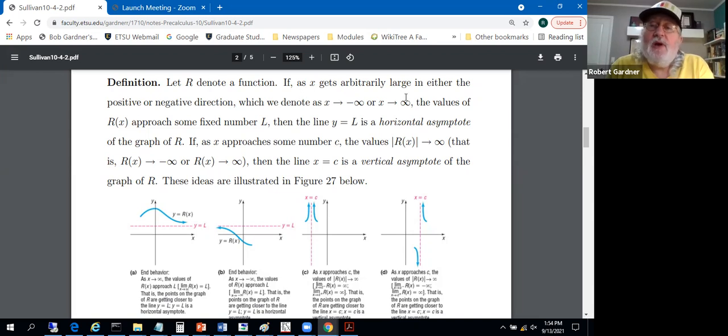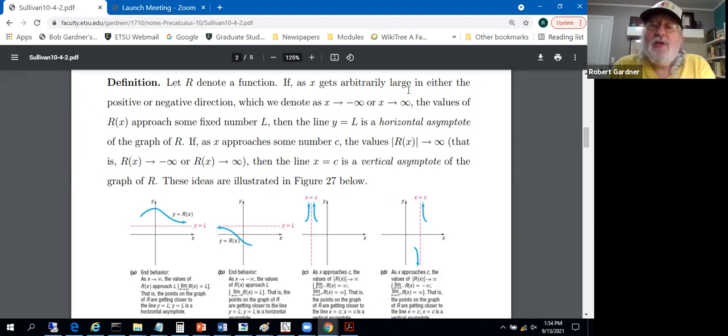As x gets arbitrarily large in either the positive or negative direction, which we denote as x approaches negative infinity or x approaches positive infinity, if the values of r of x approach some fixed number L, then the line y equals L is a horizontal asymptote of the graph.